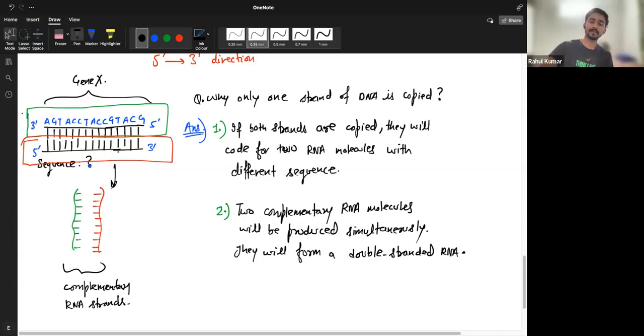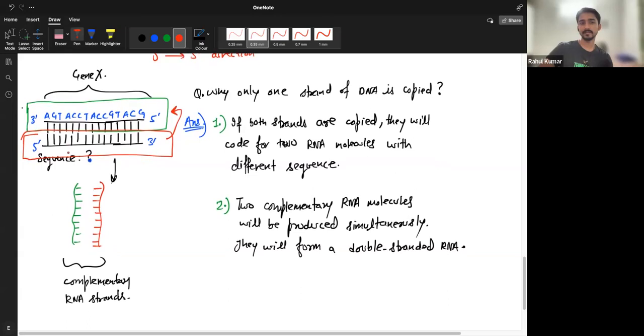No, I said the RNA that will be formed from the 5' to 3' DNA strand will have the sequence same as the 3' to 5' DNA strand. So the RNA formed from this strand, which is marked in red here, will have same sequence as this strand, no? Because you are making a complementary RNA, and this is already a complementary thing. You understand?